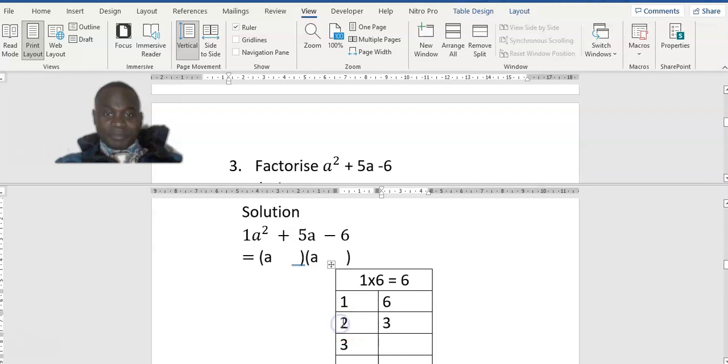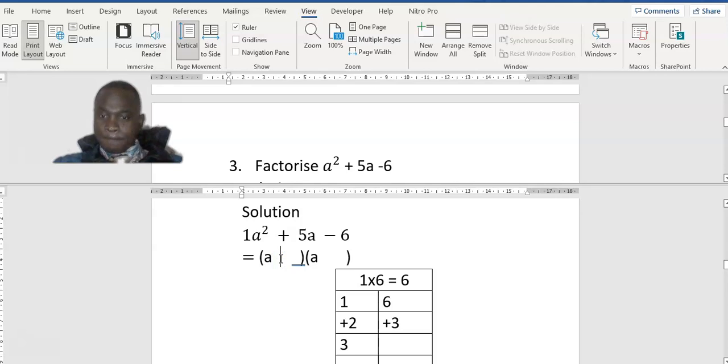Because here we know there is positive, because 2 is plus 2. This is also positive. 2 is the same as plus 2. 3 is also the same as plus 3. So we are going to say plus 2.